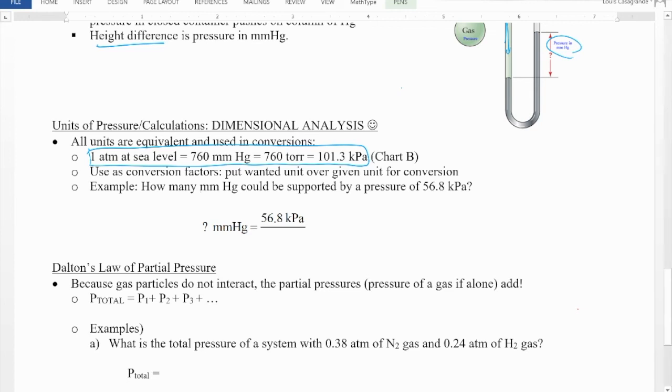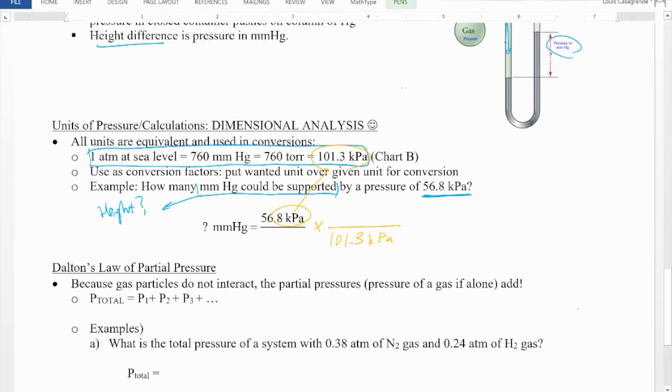For example, I want to know how many millimeters of mercury could be supported by a pressure of 56.8 kPa. This just means: what is the height of the column of mercury that you would get? So I've got my kPa, and I want to use the 101.3 kPa in the denominator of my conversion factor to cancel out.